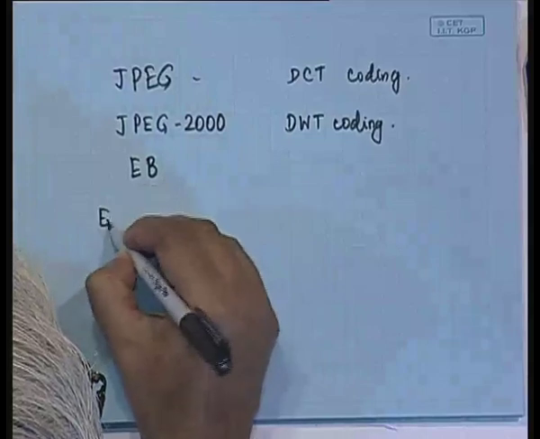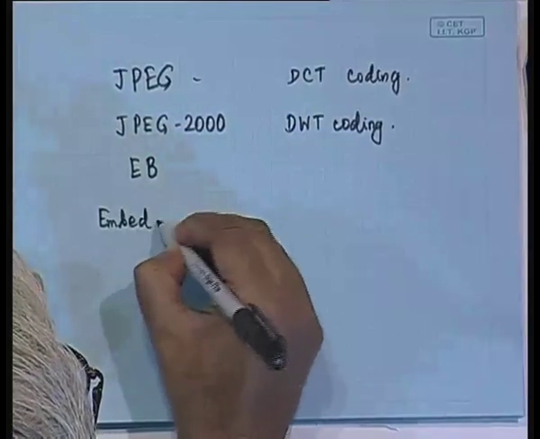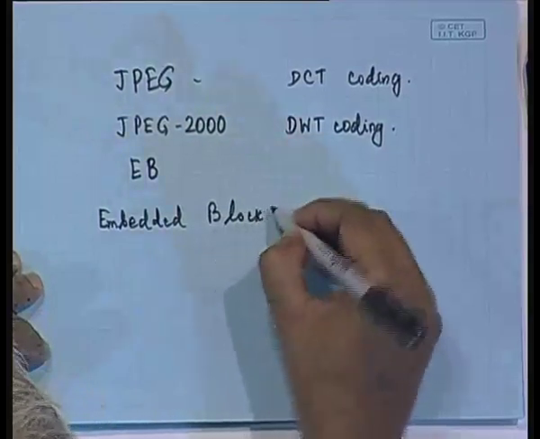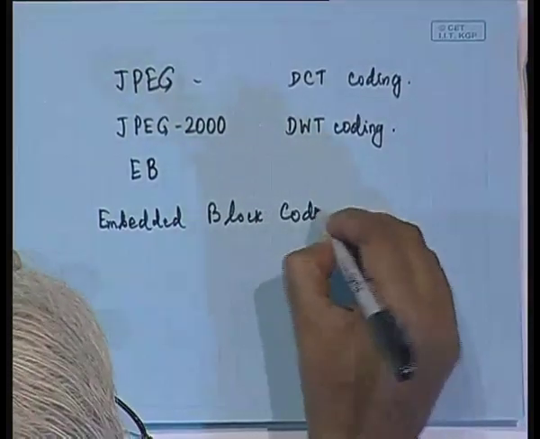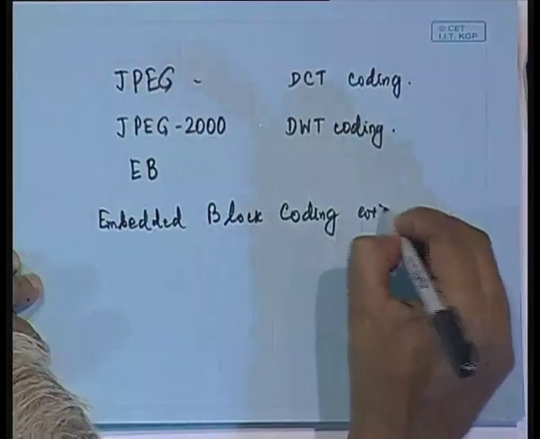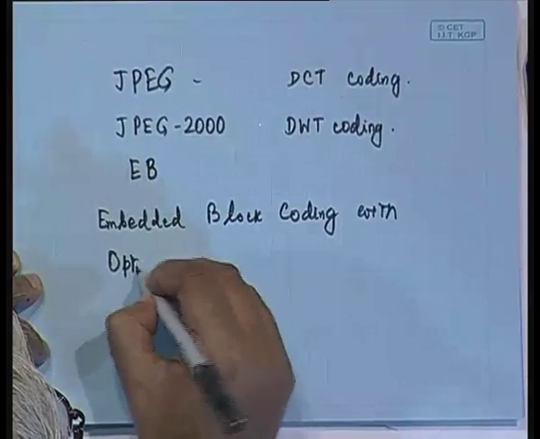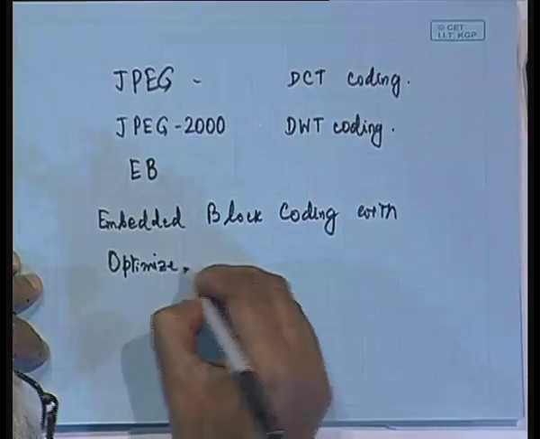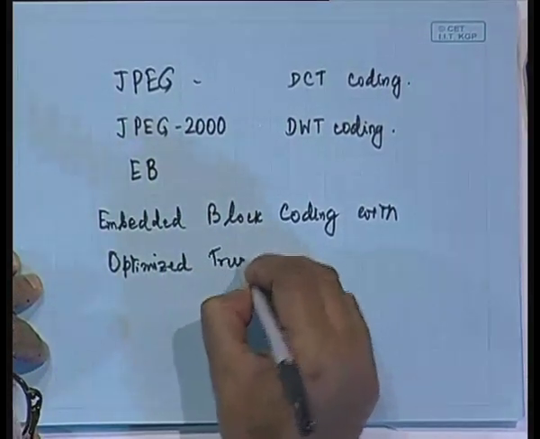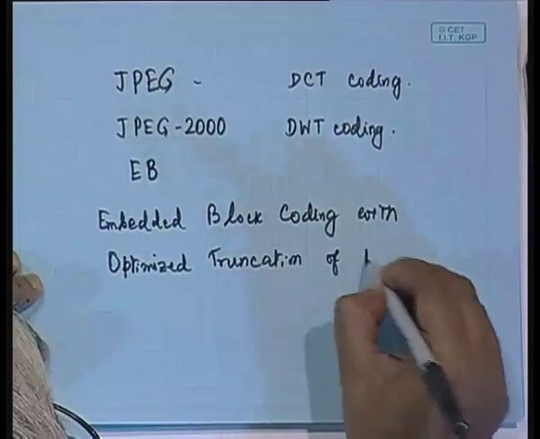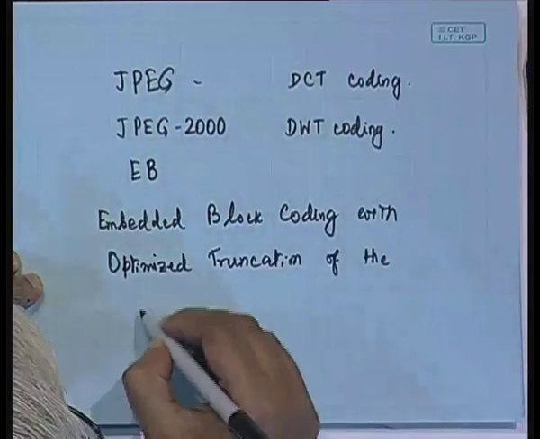let me write down the words fully: embedded block coding with optimized truncation of the embedded bit stream.